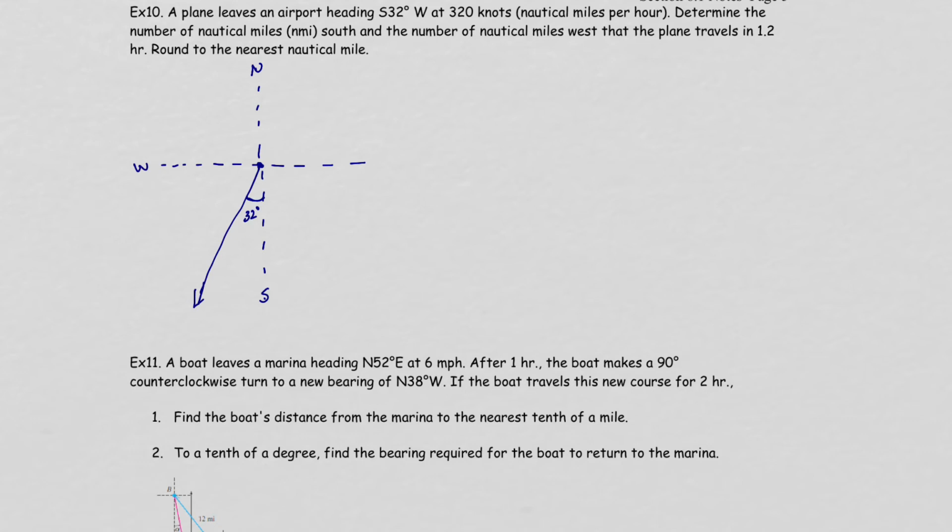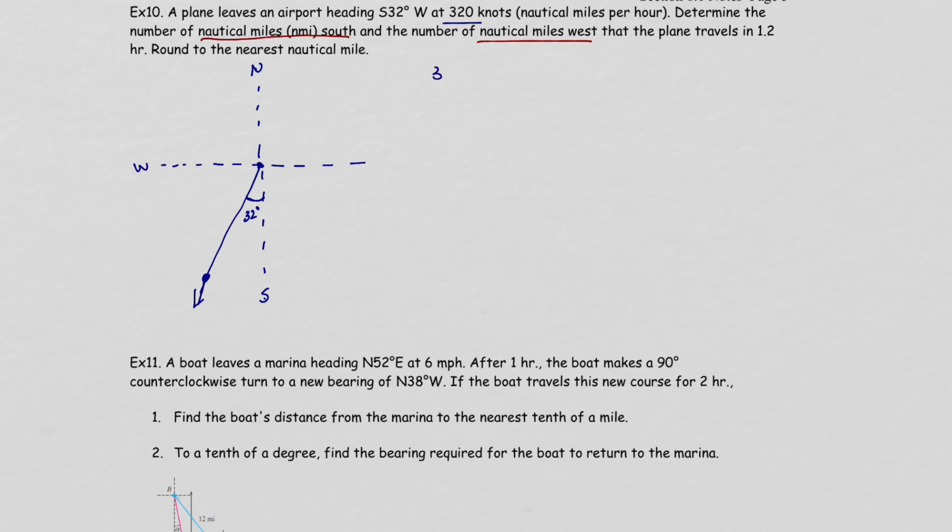After 1.2 hours, you are right here and your speed is 320 knots. But the problem is that they want you to use the nautical miles south and nautical miles west distance, right? So let's change that unit before we do anything else.